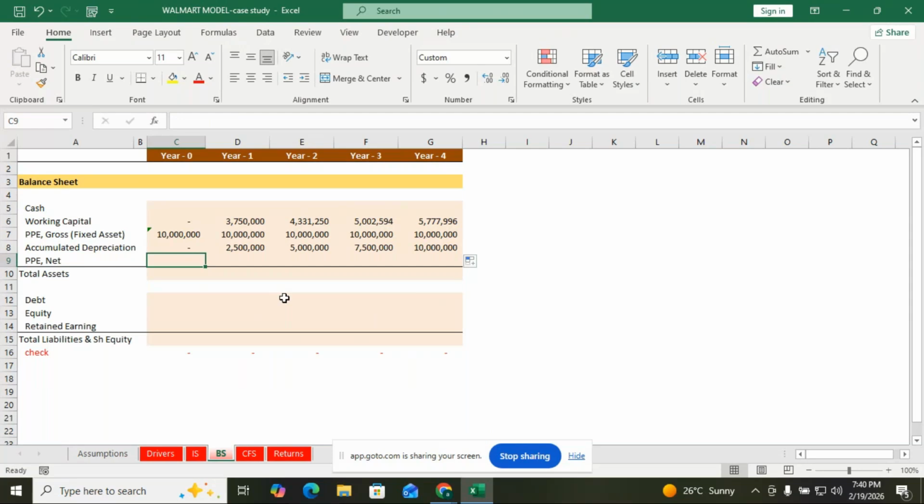I hope the accumulated depreciation is clear for you. Yes, ma'am. So once you finish the accumulated depreciation, calculate the net value of your property, plant and equipment, which equals gross value minus depreciation. That's all. And then compute your total assets.